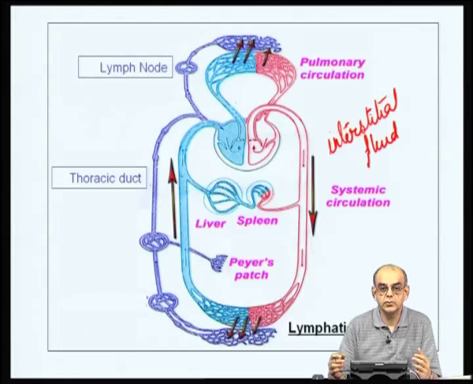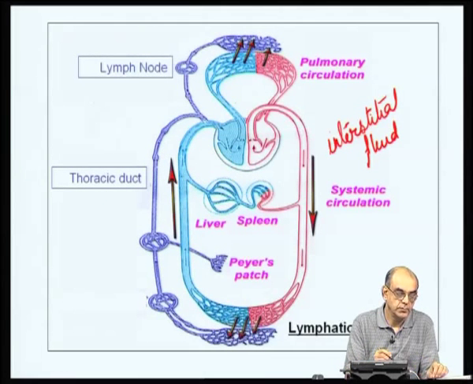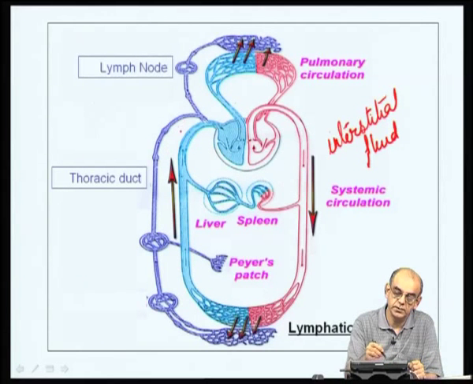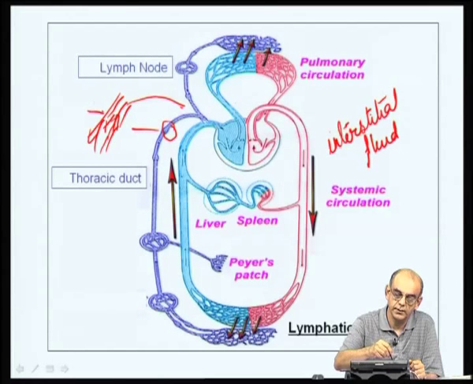The muscular movements actually help propel the lymph fluid towards the heart, and this is facilitated by something called unidirectional valves. For example, if it is going towards the duct, you have some sort of a valve over here, which is probably something like this, and then that goes into the heart. So, if the thoracic duct is pushed by muscular movements across this valve, this is a one way valve. So, this sort of flow is prevented.